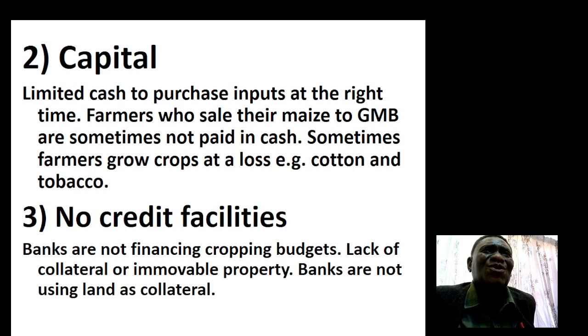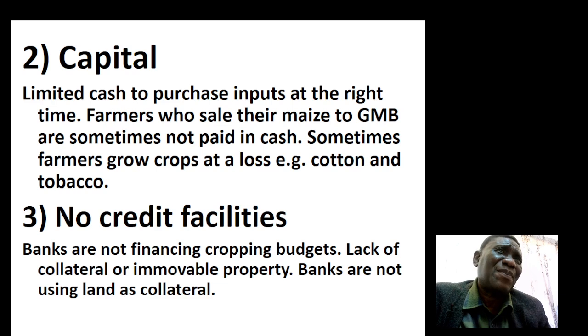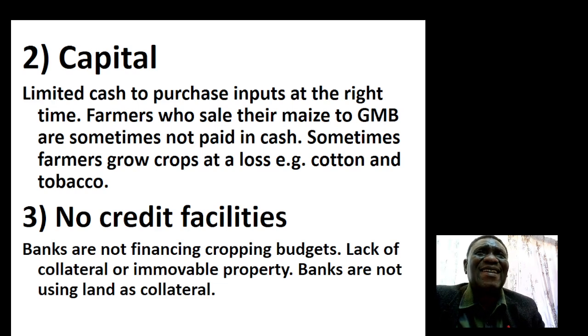Sometimes farmers grow crops at a loss, e.g. cotton or tobacco. If farmers have capital, then they can be in a position to buy these chemicals. But sometimes this is a serious problem.